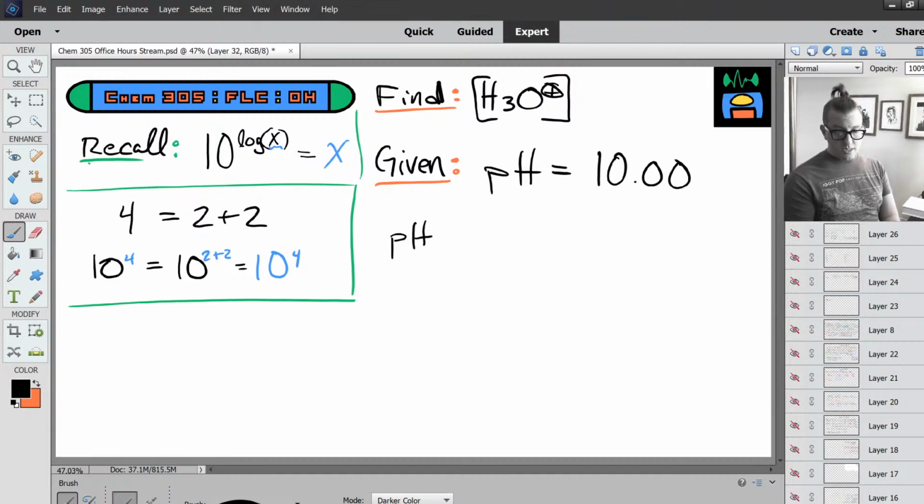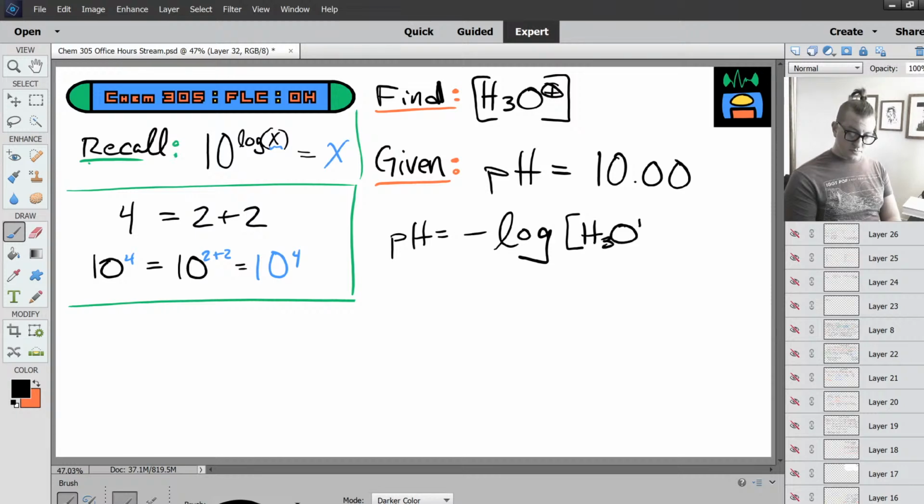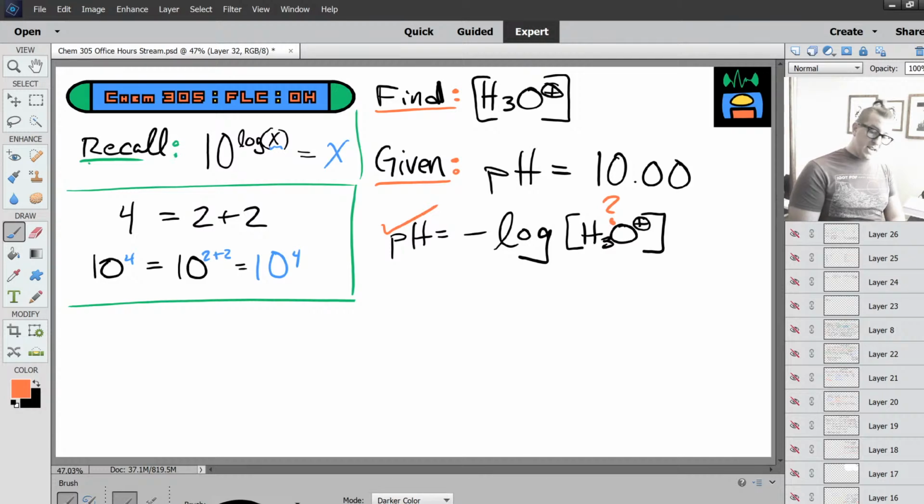pH equals -1 times the logarithm of the concentration of hydronium. And all of a sudden, we're seeing hearts for eyes, right? We want to find this. We're given the pH. We can do it with this equation. The first step is we need to multiply both sides of this equation by -1.